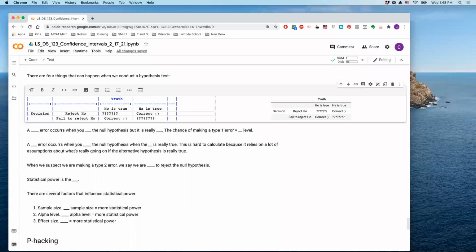But there are two things that could happen that are not happy. The first is that the null hypothesis is actually true, but our data leads us to reject it anyway. We call that a type 1 error.